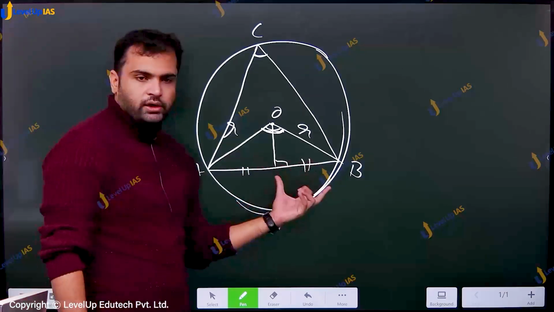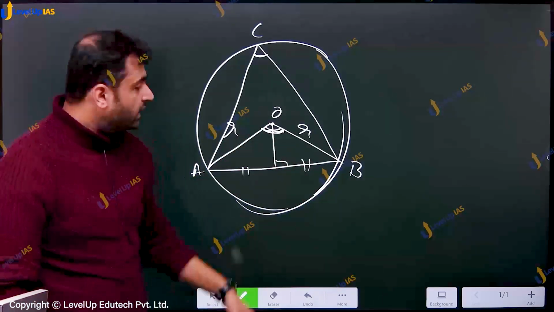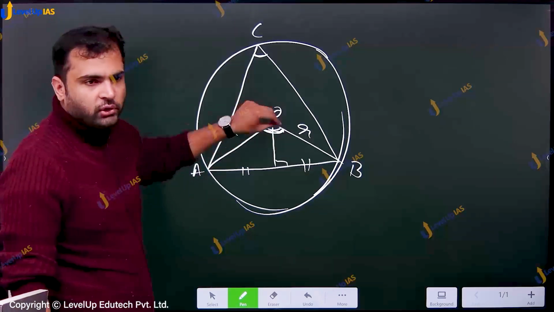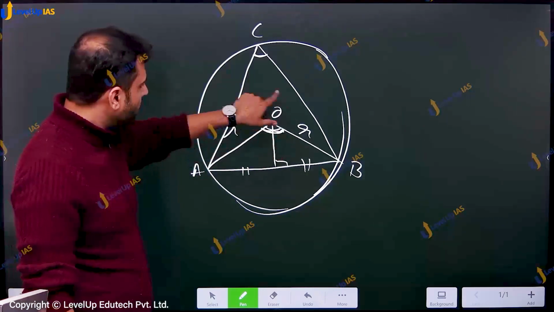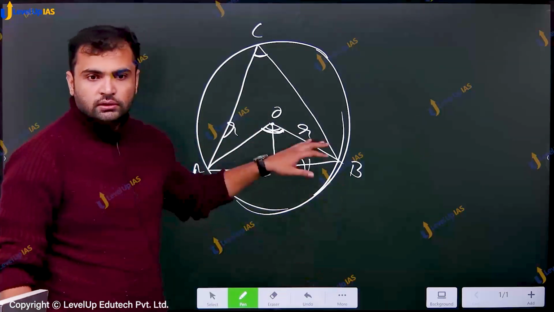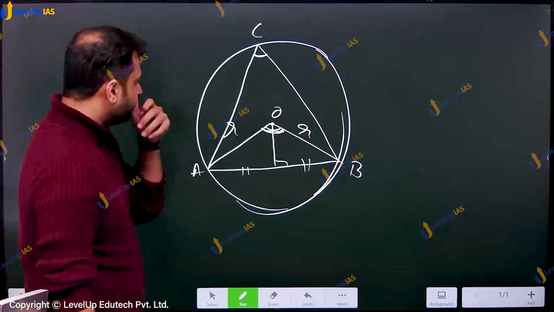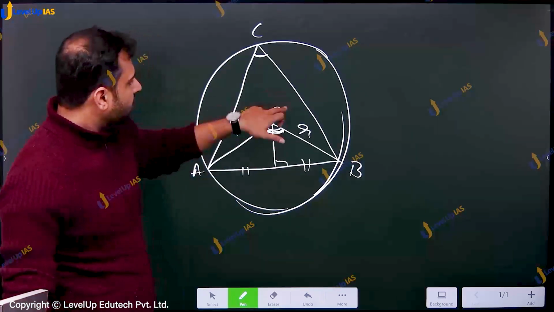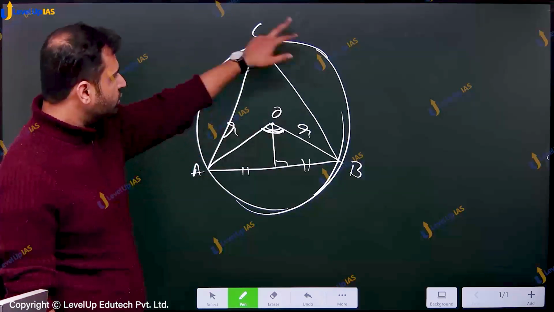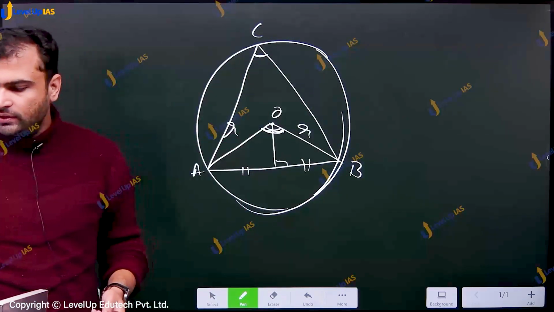Because this is a chord and we are subtending some angle, and we also know that O is a point in a plane. So what is the entire angle around O? 360 total angle, right? And this entire angle of 360 corresponds to the entire circle or entire circumference.